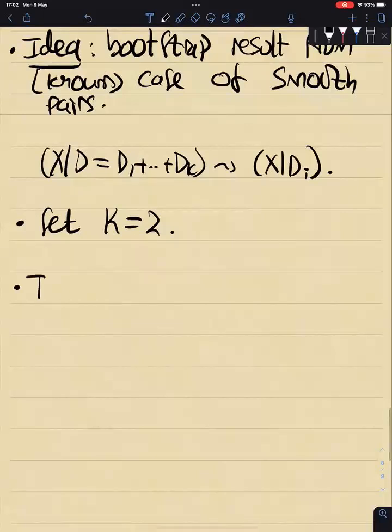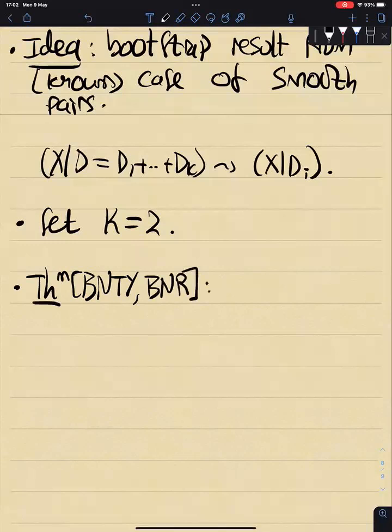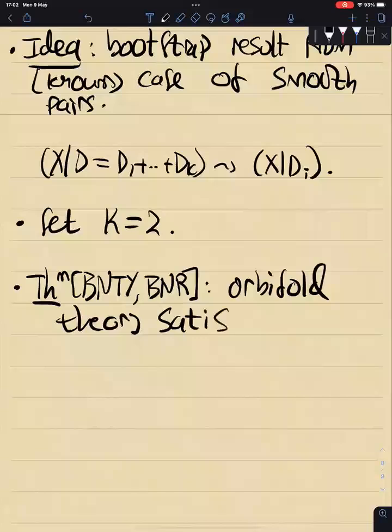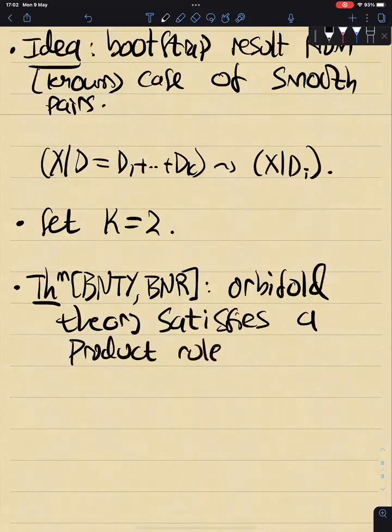The first observation or theorem, which first appeared in this paper with Lucas, Shenhua, and Fanglong under some assumptions, genus 0 and convex, and then in this recent paper we removed all these assumptions, is that the orbifold theory satisfies a product rule relative to the space of maps to X. What do I mean by that?